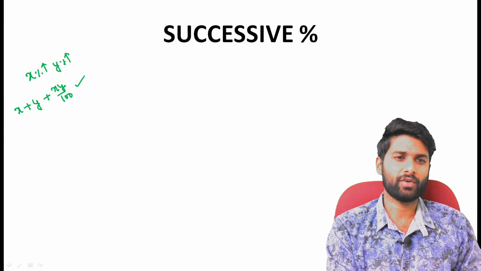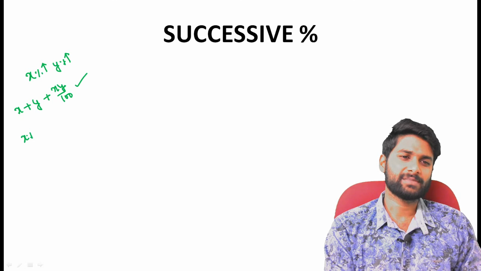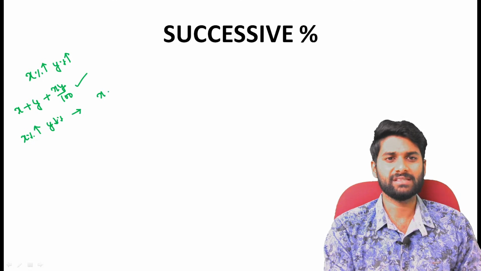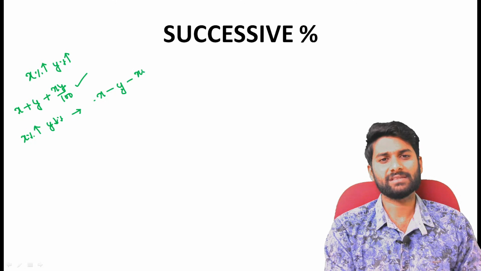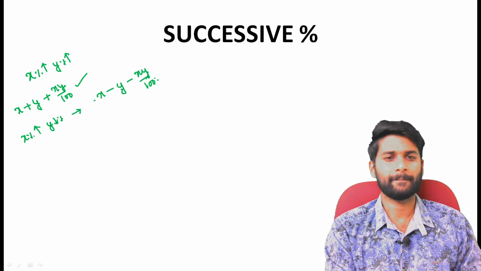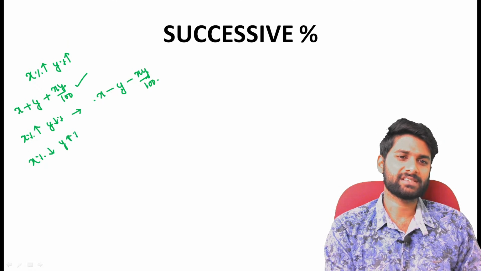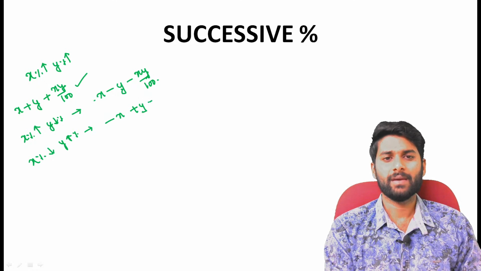So directly if you want the formula, just go through the formula. Same thing, if it increases by X percentage and decreases by Y percentage, one value increases, another decreases, now the formula is X minus Y plus into minus, you can take it as a minus, the value becomes XY by 100. Now same thing, if X percentage decreases and Y percentage increases, now the formula becomes exactly minus X plus Y minus XY by 100.